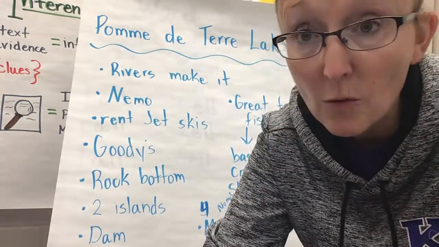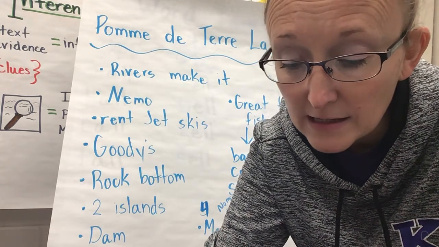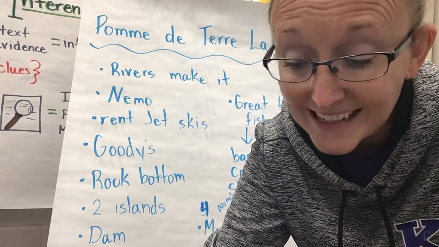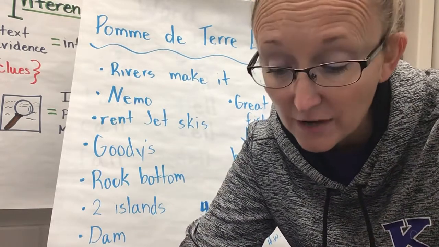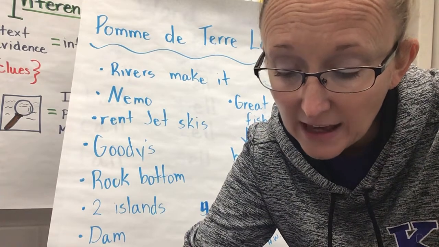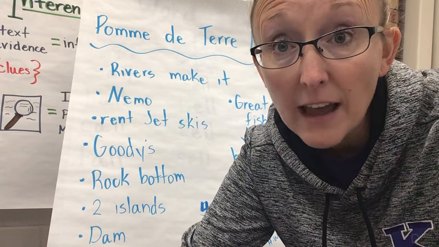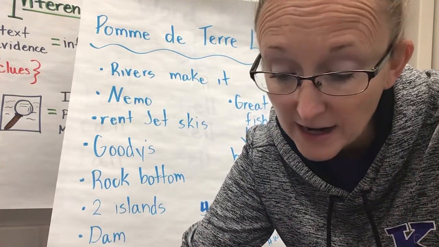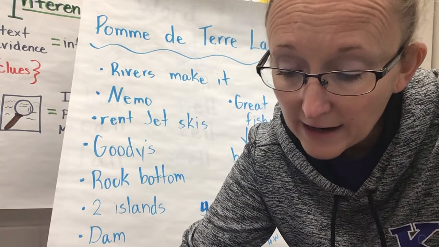And some of you might not know what that is, so I'm going to kind of tell you. A marina, it's a dock, and a dock is like a deck. You know how you have a deck off your house? So a dock is kind of like a deck that is floating on the water. Okay, so like a little floating island kind of on the water, and it kind of comes out.